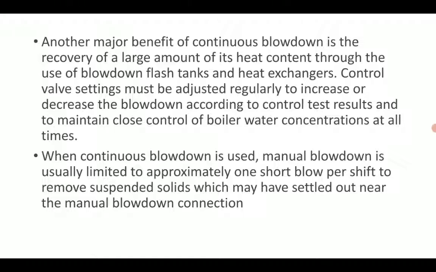So what does blowdown flash tank mean? The blowdown water, which you remove from the bottom layer, will be at a temperature of 95 degrees centigrade. This hot water can be used to treat the water which is being fed to the boiler, and also through heat exchangers.